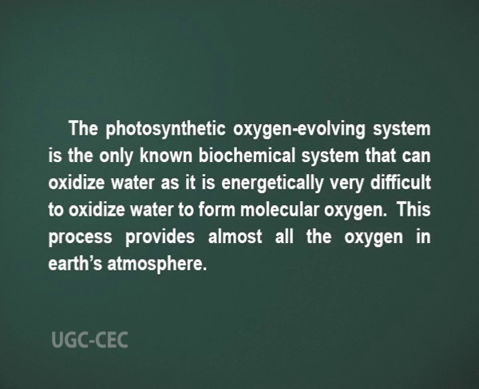This process provides almost all the oxygen in Earth's atmosphere. Almost all the chemical processes that make up the light reaction of photosynthesis are carried out by four major protein complexes, that is, photosystem 2, the cytochrome b6f complex, photosystem 1 and the ATP synthase.